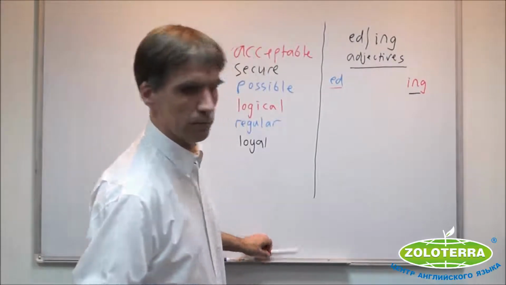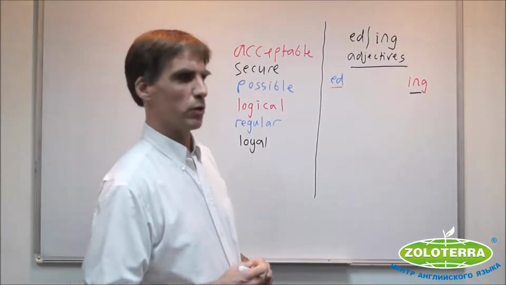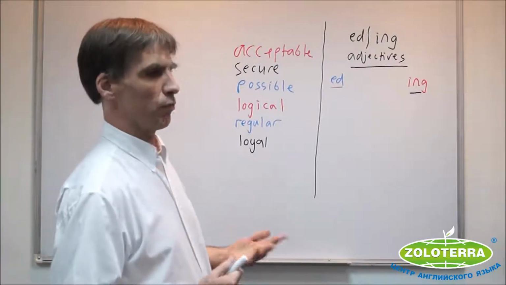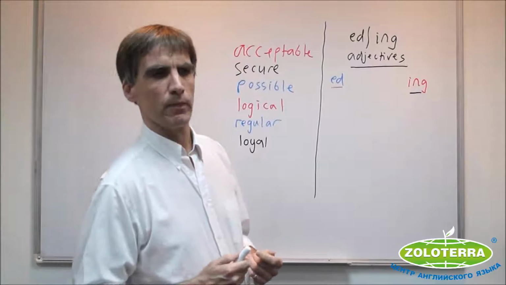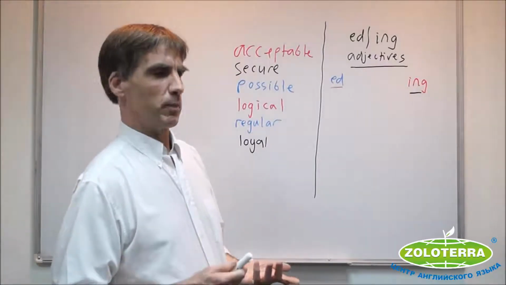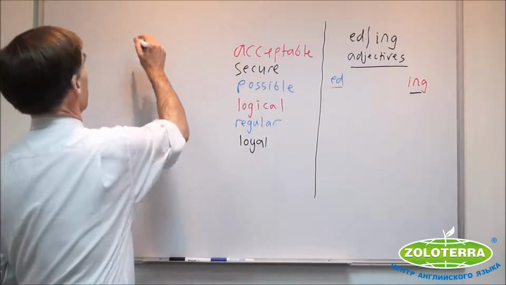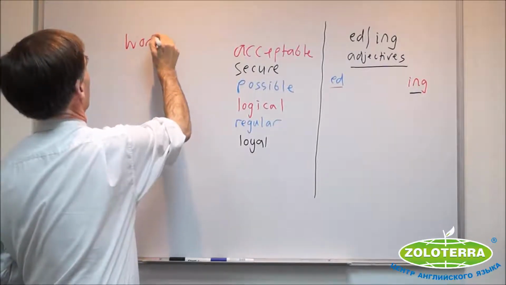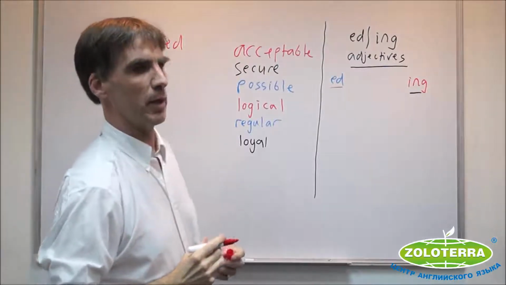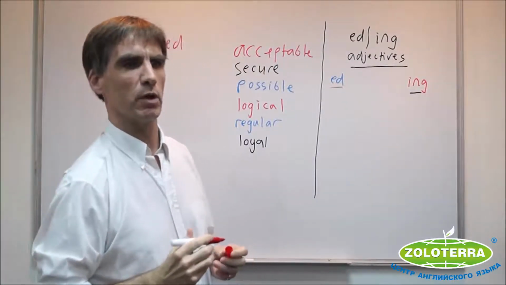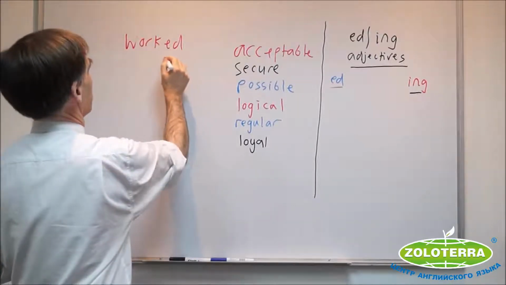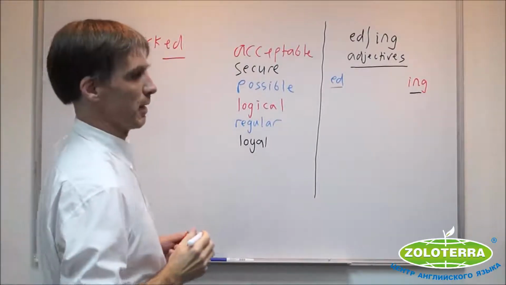Perhaps the most frequently referred to one is verbs. We have a lot of regular verbs whereby to make the past simple, we simply add ed. For example, work becomes worked, and if we are making the past participle, what a lot of students refer to as the third form, for regular verbs it is the same.